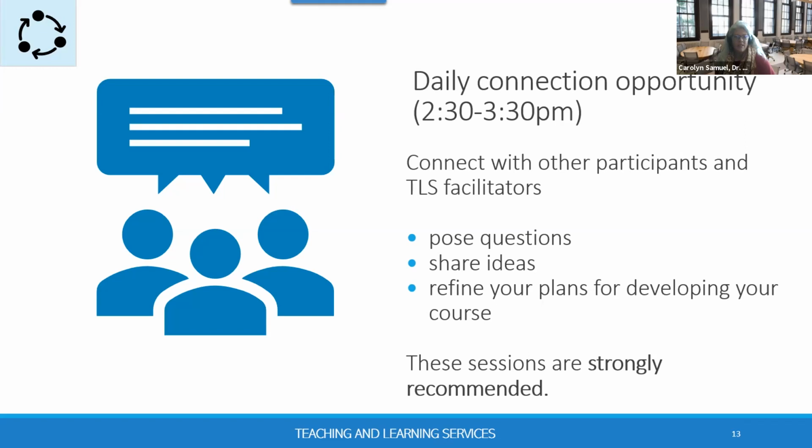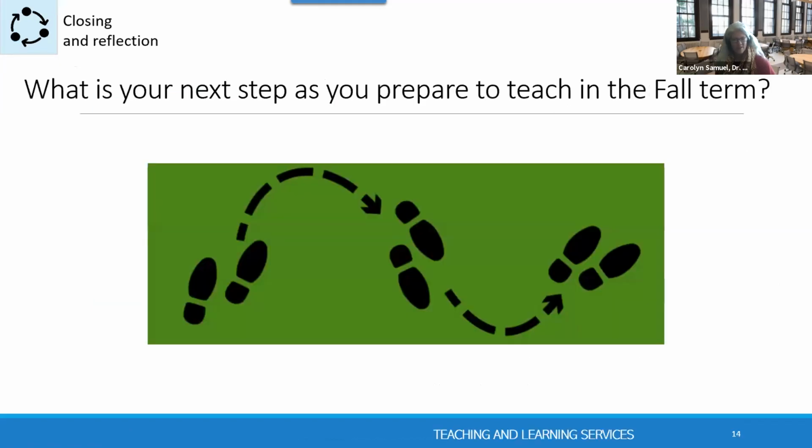And what we're going to ask you to do right now, again, to help you continue thinking about the plan, because there's so much thinking involved in designing a course, is to take a minute to think about what your next step is as you prepare to teach in the fall term. So we'd like to know, you've spent 3 mornings with us, perhaps 2 afternoons with us. You've got some new ideas.